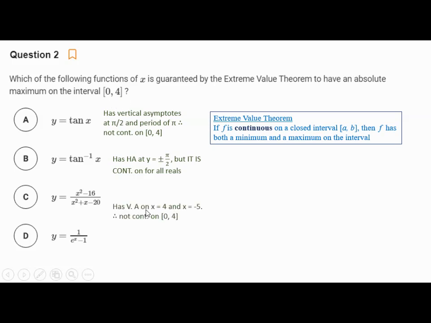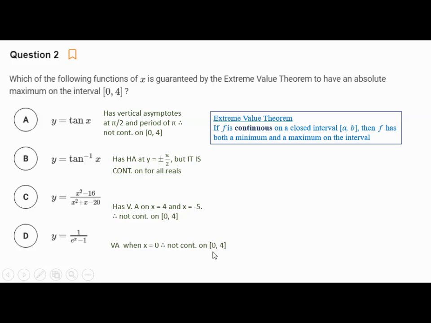C has vertical asymptotes at x equals 4 and x equals negative 5. Since it has a vertical asymptote at 4, you know that it's not continuous at the endpoint 4. And then the last one, D, has a vertical asymptote when x equals 0, because that will make e to the 0 equal 1, and 1 minus 1 will then be 0, so you're dividing by 0.